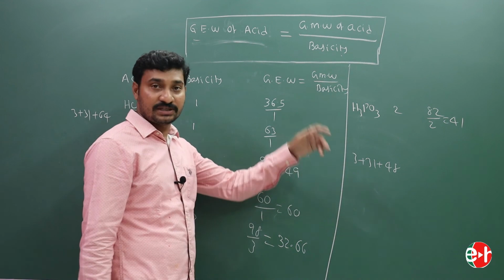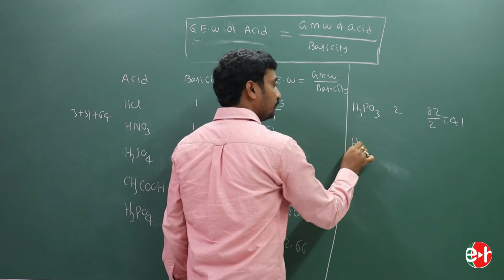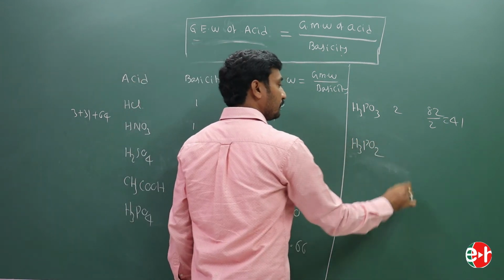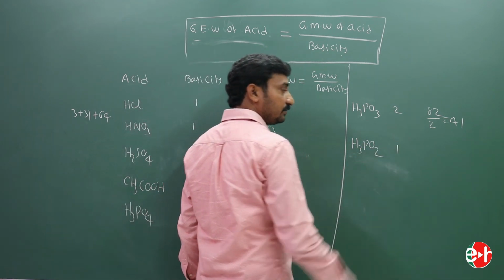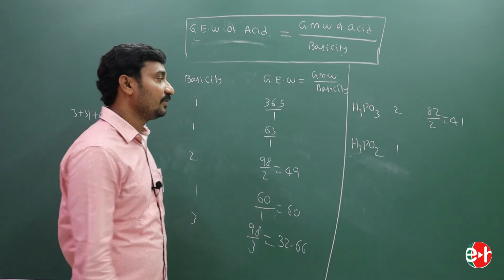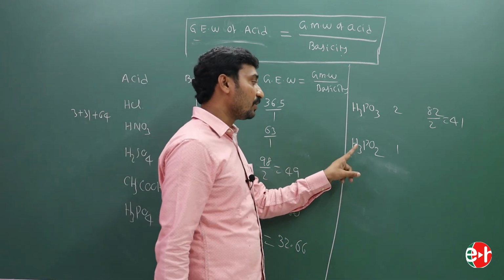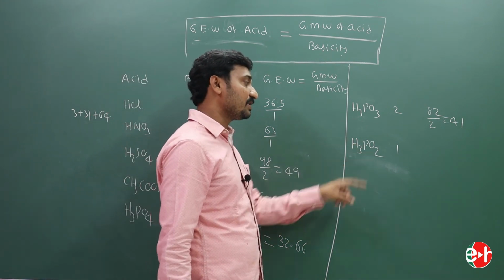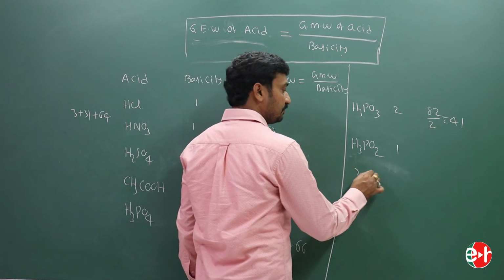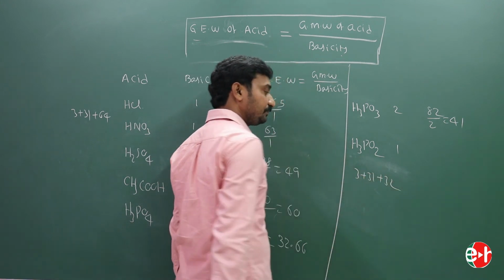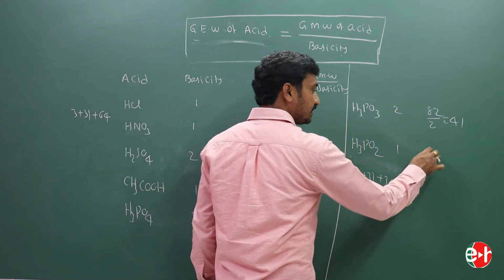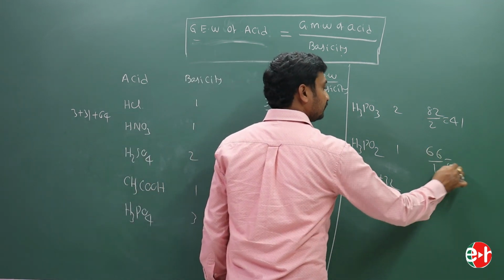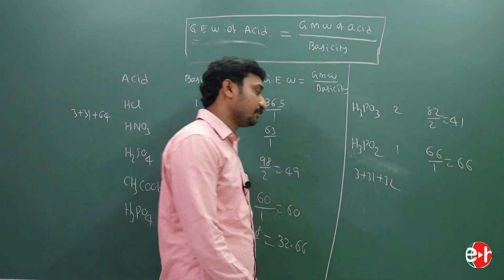Phosphorus acid, H3PO2. Here basicity 1, we already discussed. Molecular weight 3 plus 31 plus 32, that is 66, by 1, that is equal to 66.